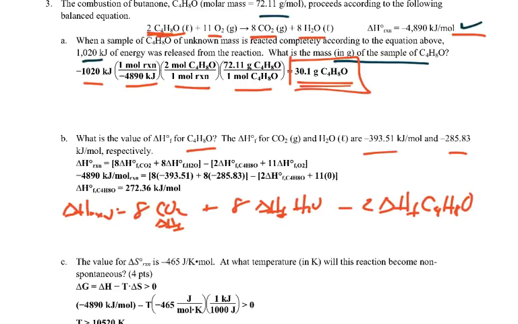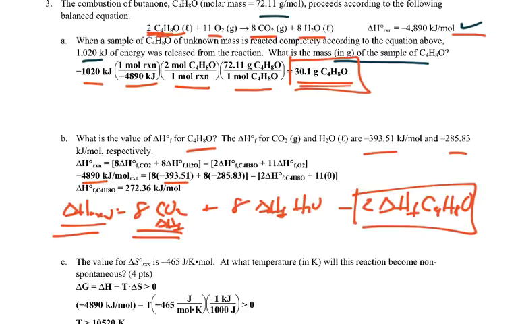So this is normal stuff, except this is our unknown. That's our X. We have a number for this, the negative 4890. We have 8 times this number, negative 393, 8 times this number, minus 2 times X. Again, we don't care about the element. And then you just solve. And when you solve, you get 272.36 kilojoules per mole.